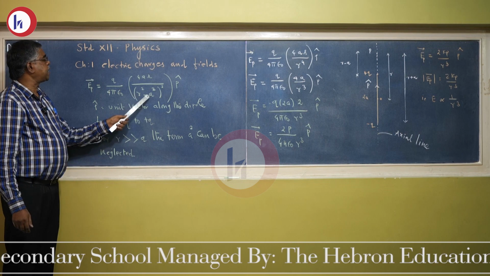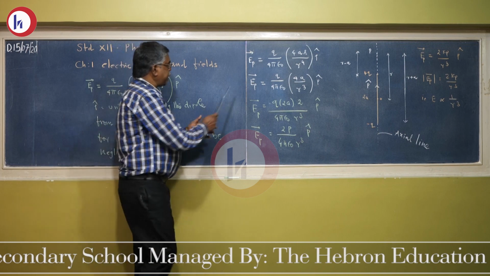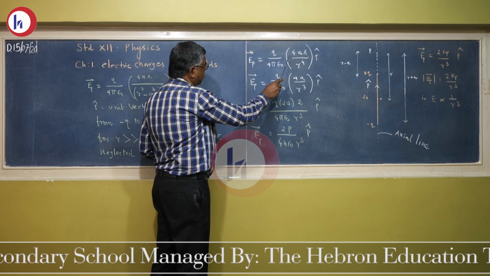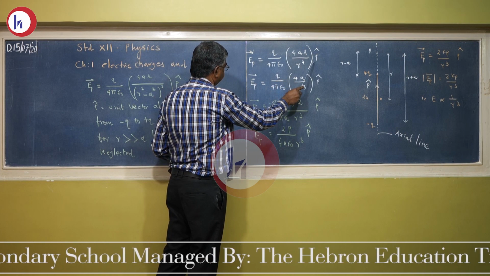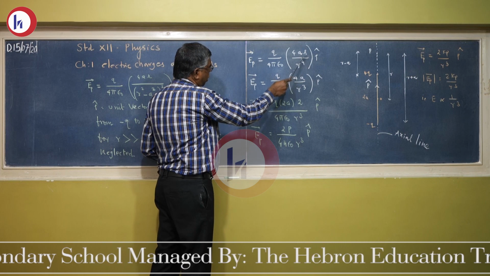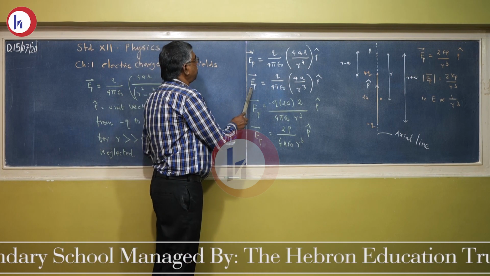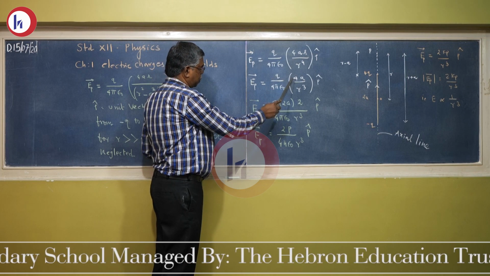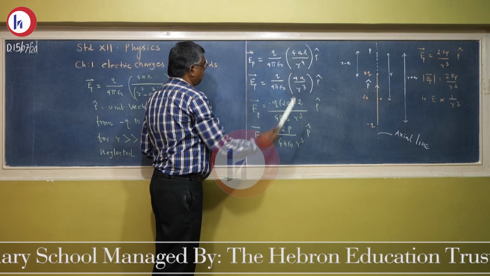If we neglect a square, it becomes E_P vector equal to Q upon 4 pi epsilon 0 times 4ar upon r raised to 4 times the unit vector p. Next, this r can be cancelled. You can write E_P vector as Q upon 4 pi epsilon 0 times 4a upon r cube times the unit vector p.